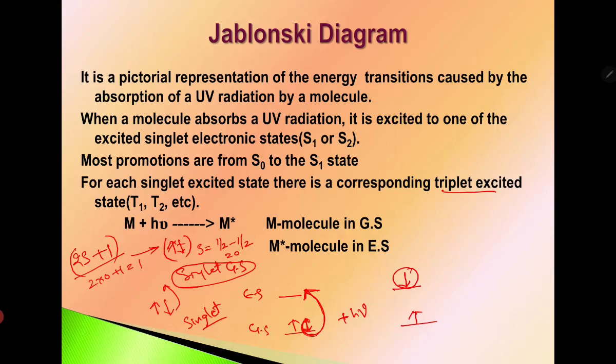That is, if the electron has the same spin both in the excited state and the ground state, it is called a singlet state. Here they don't have the same spin; here they have different spins.